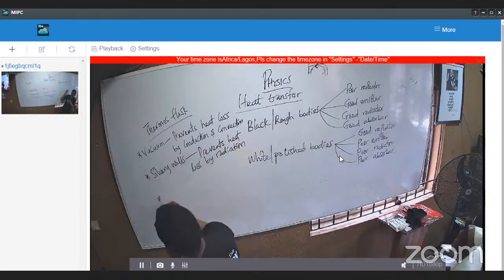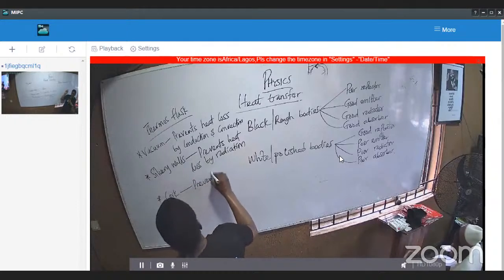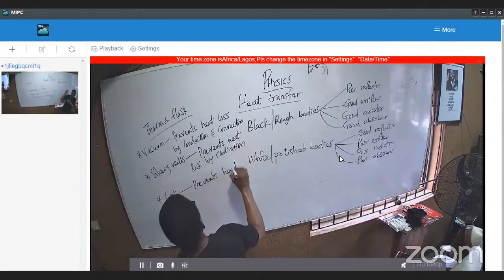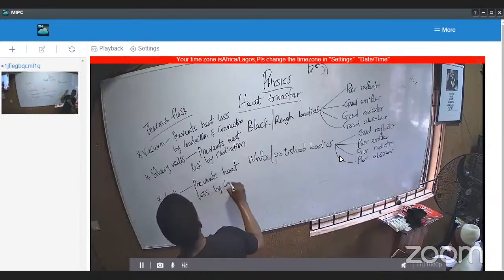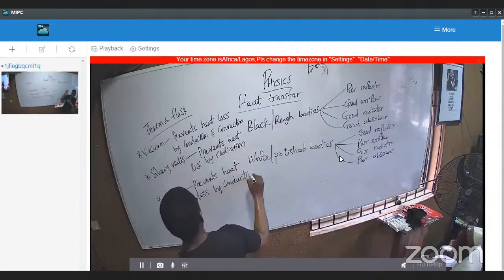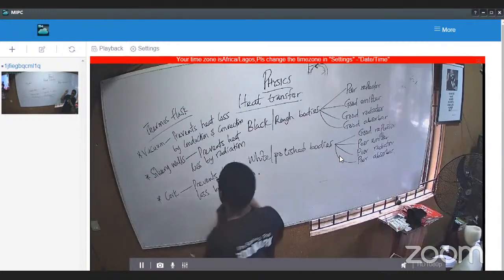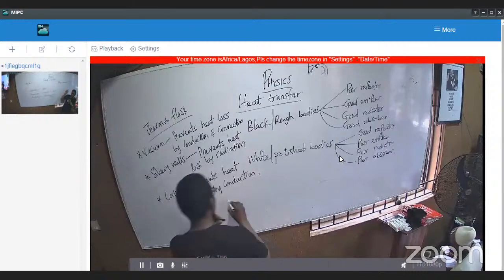And of course, we also have the cork. That one prevents heat loss by conduction majorly. Evaporation is not heat loss. When we're talking about heat losses, we're referring to three modes: conduction, convection, and radiation.